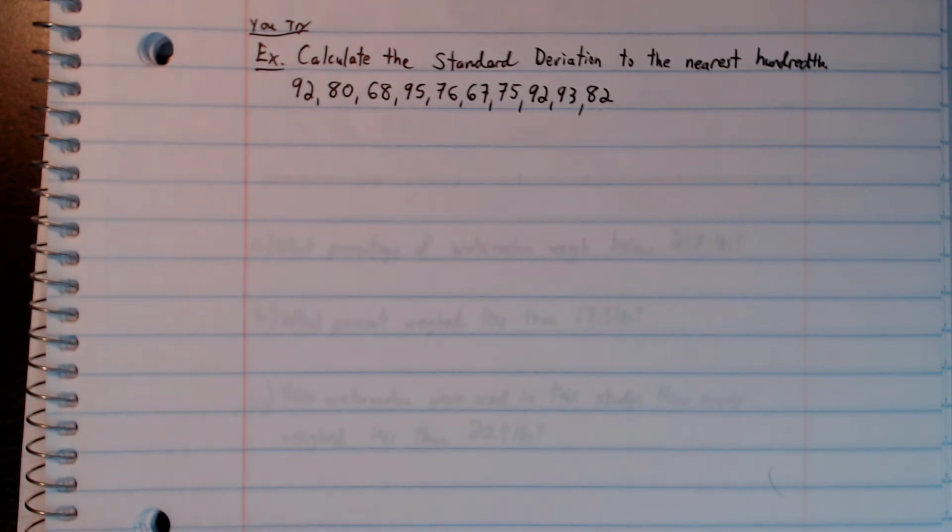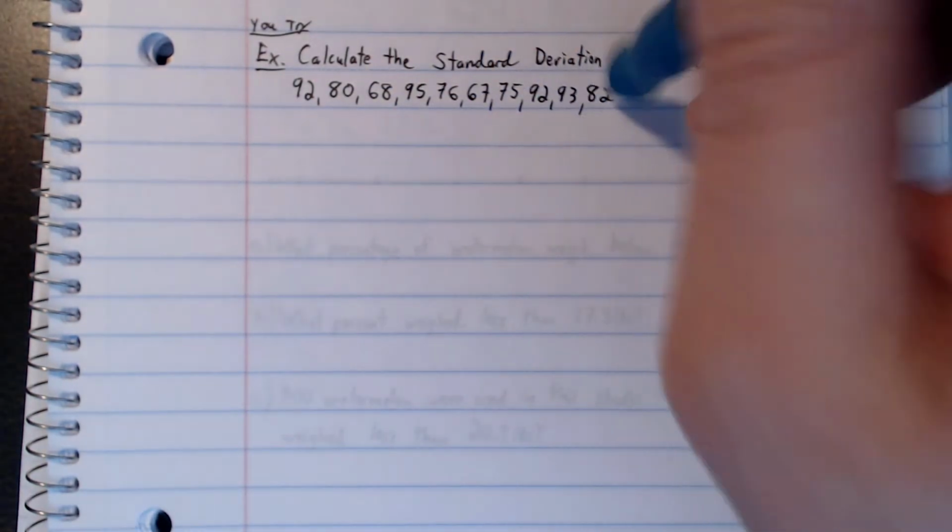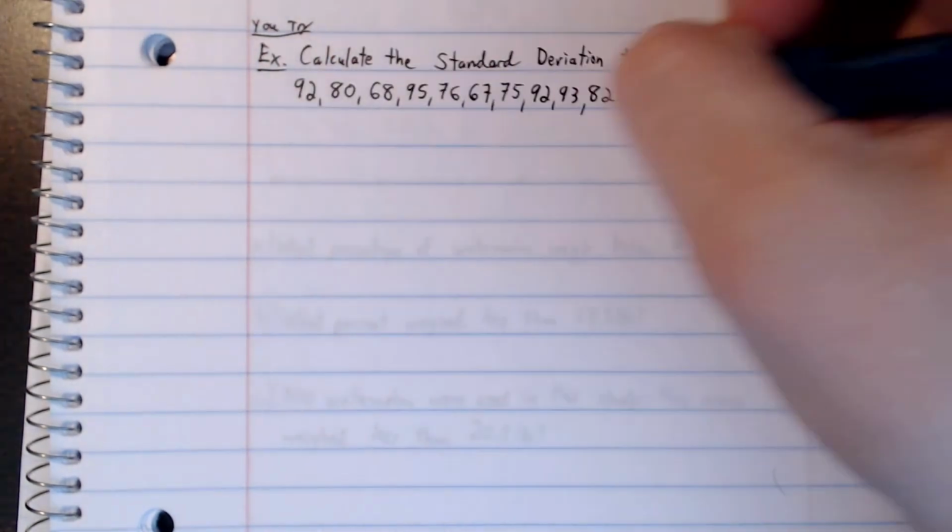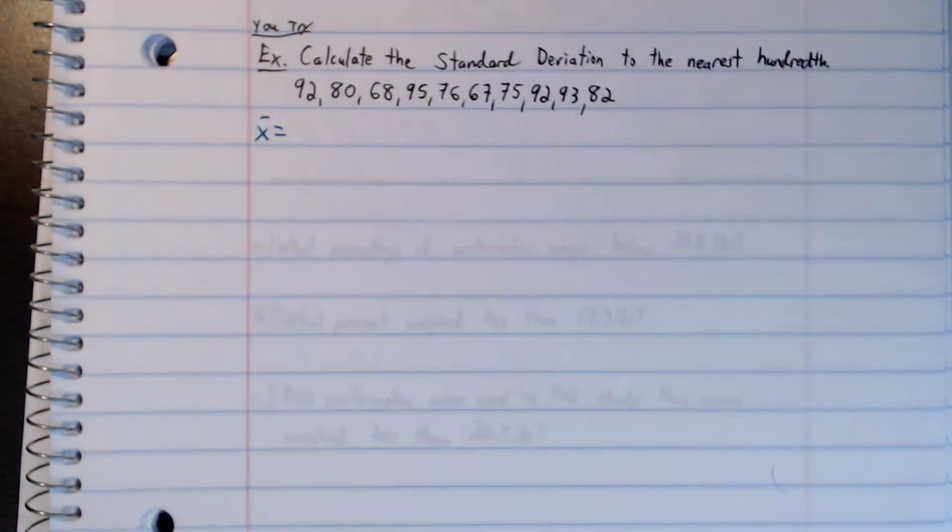All right. There's 1, 2, 3, 4, 5, 6, 7, 8, 9, 10 numbers. So we're going to add all these up and divide by 10 to find the mean average first.